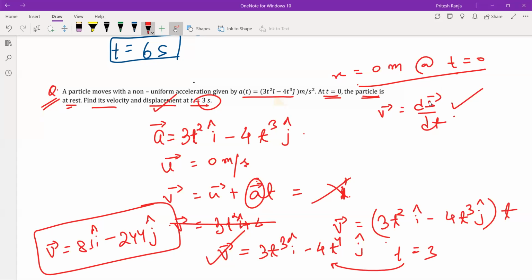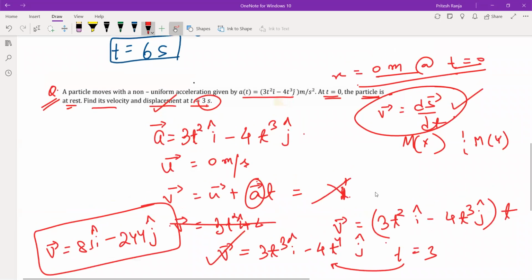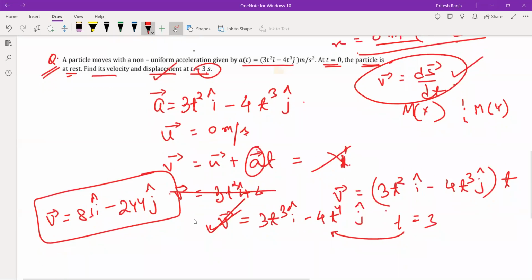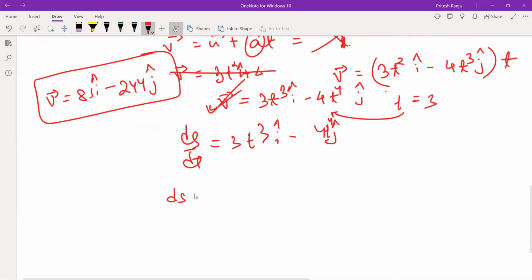So it is better to use the motion along x and motion along y, assuming that at t equal to 0, x is 0. So here we will get ds by dt as 3t³ i cap minus 4t⁴ j cap. So ds is 3t³ i cap dt minus 4t⁴ j cap dt.